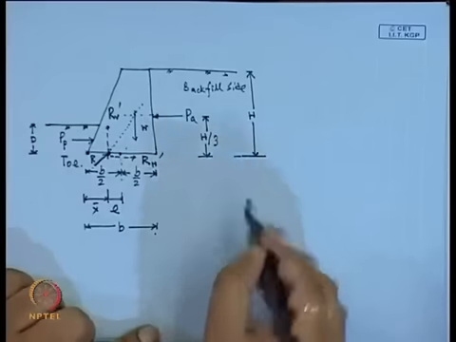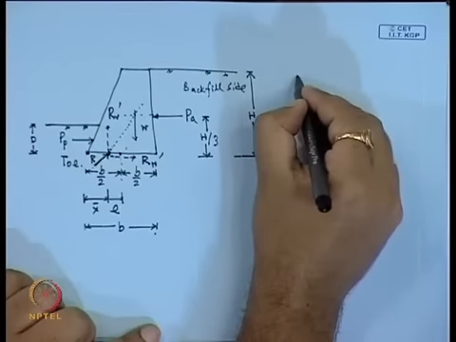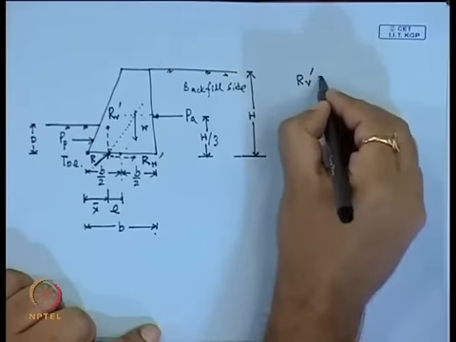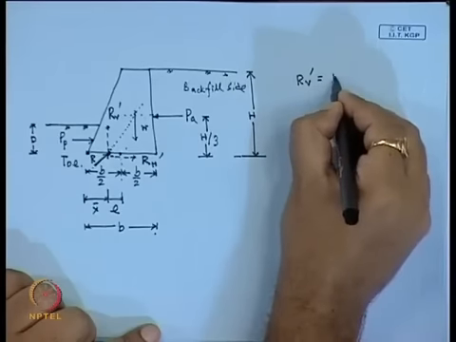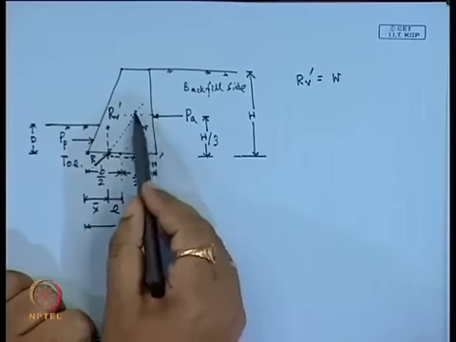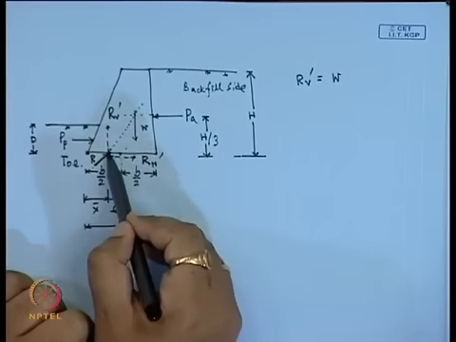Now, for the equilibrium conditions, R V dash is equal to W. That means the vertical component R V dash is equal to W.